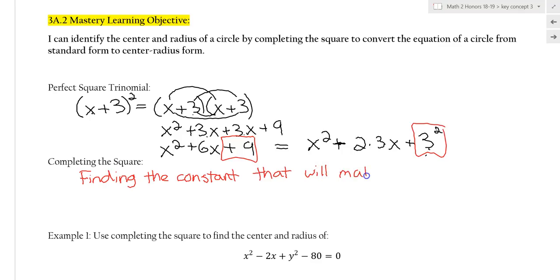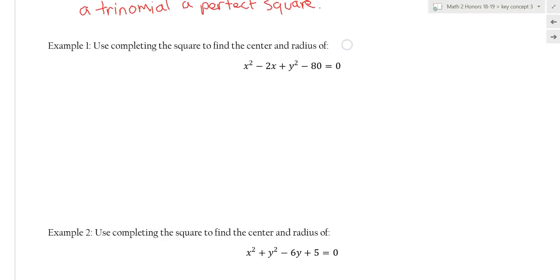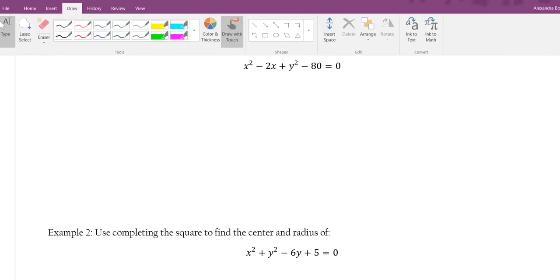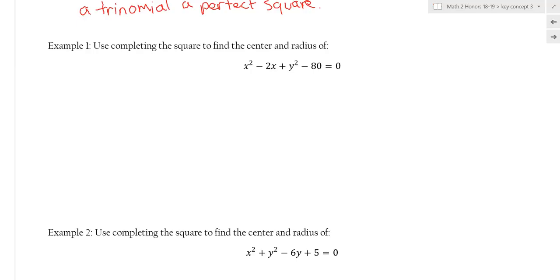That will make a trinomial a perfect square. Okay. Now, every trinomial is a perfect square only if it's of this form. So we have to find that constant. So we're going to look at an example. I'm going to go through the steps carefully so that we can do it.